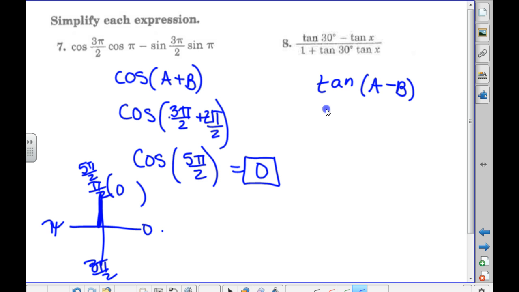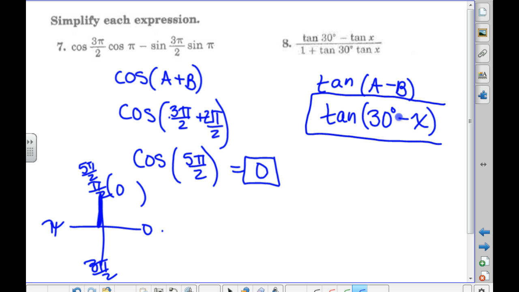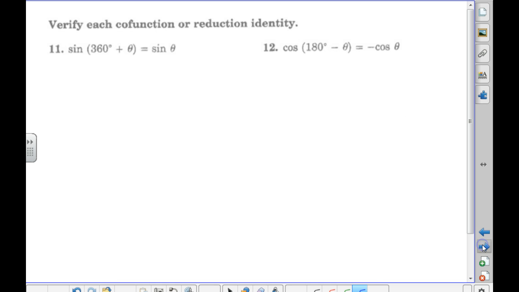Okay, what is our a? 30 degrees, and what is our b? Okay, so this is our simplified answer. There's nothing we can do with that. Okay? These are identities.